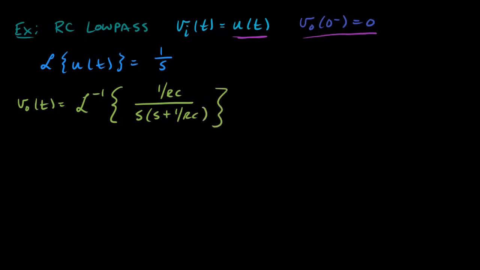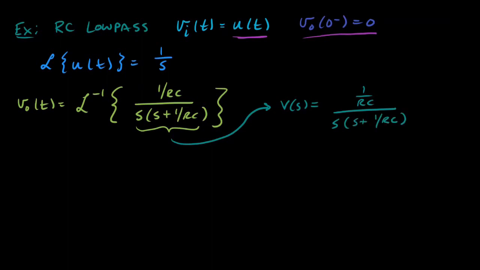Okay, so we've dealt with that expression a number of times. And so I can go ahead and just say, well, I'm going to use partial fraction expansion on my V of s, because this is going to be my V of s expression in here. So let me write that explicitly here: my V of s equals 1 over RC divided by the quantity s times s plus 1 over RC.